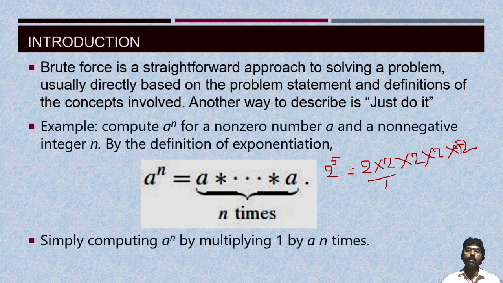Now you got 4 here, multiplied again you got 8, multiply again by 2 it's 16, and when you multiply it you got 32. 2 raised to 5 is 32. Multiply this one, then multiply with 4, then with 8, then with 16, you got 32. This is the simple way of thinking to solve this problem. So it is called as a brute force technique.